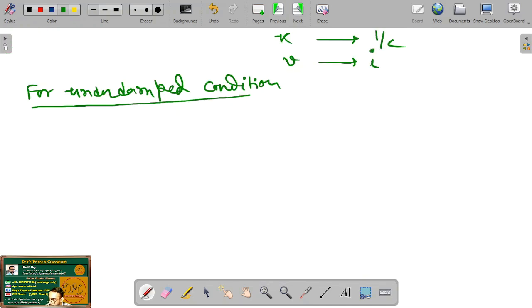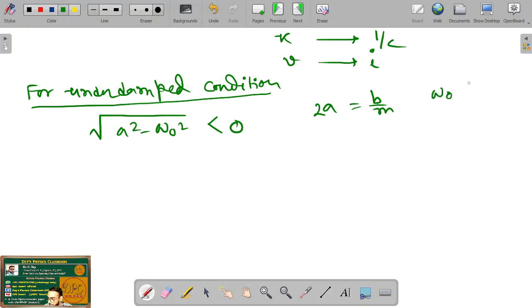Now for underdamping condition or underdamping case, the motion would be oscillatory in case of damped vibration. So similarly for underdamping case, the RLC circuit will also show oscillatory decay. So for underdamping condition, root under a square minus omega 0 square is less than 0, where a equals b by 2m for mechanical system, and omega 0 is the root under k by m for damped vibration mechanical system case.